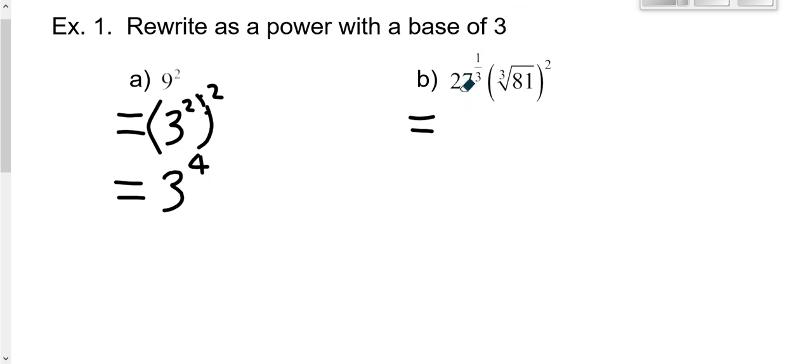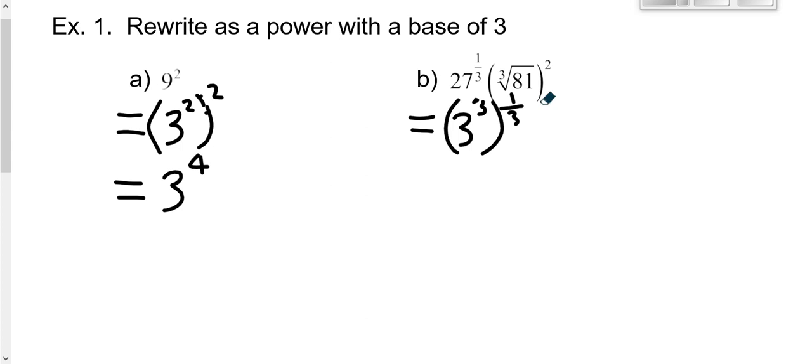So I hope you can see that for 27, you can write that as a base of 3 raised to the power of 3, or 3 cubed. And then outside that, you have the exponent of 1/3. Then for the second part of this question, instead of converting 81 into a base of 3, I would manipulate the exponent first and then the degree of the root so that it looks more familiar.